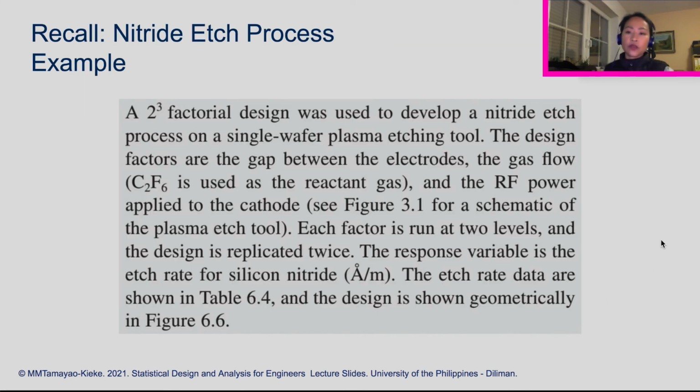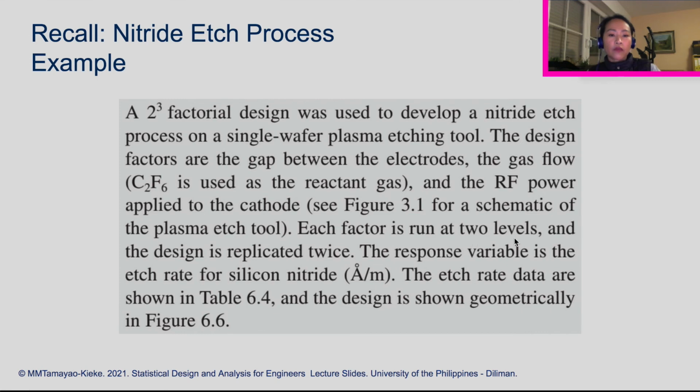Okay, so let's illustrate that with an example. First, let's recall an original example from previous lectures, the nitride etch process example. A 2 to the 3 factorial design was used to develop a nitride etch process on a single wafer plasma etching tool. The design factors are the gap between the electrodes, the gas flow, and the RF power applied to the cathode.